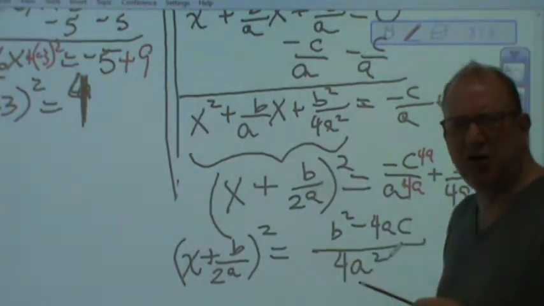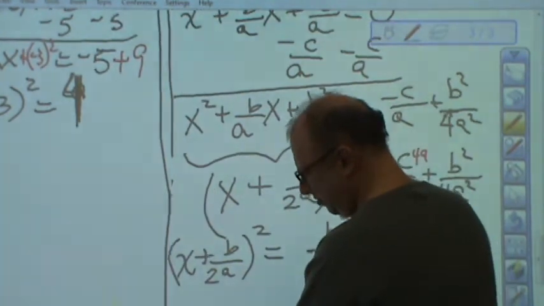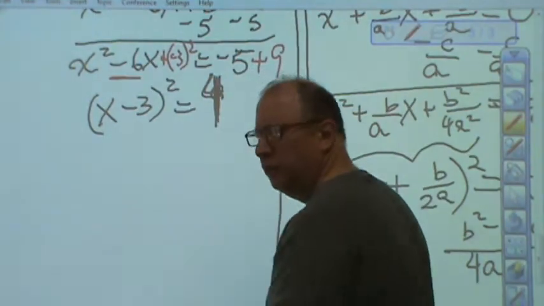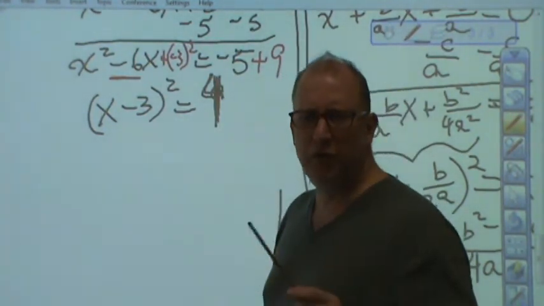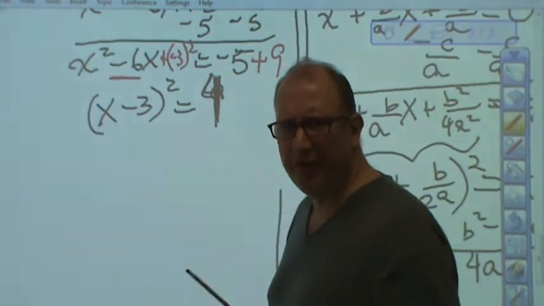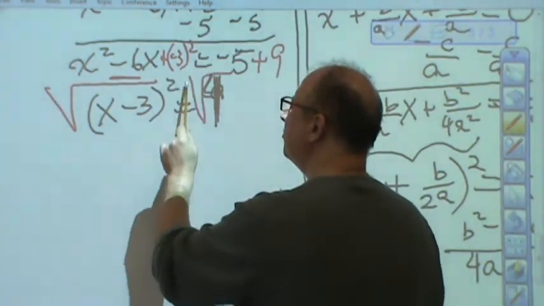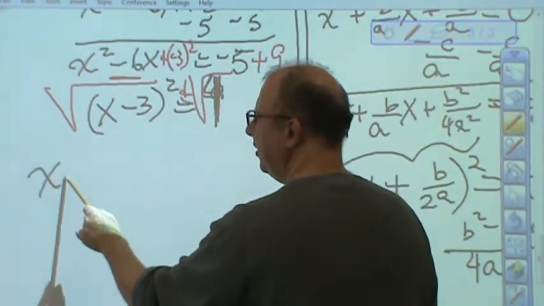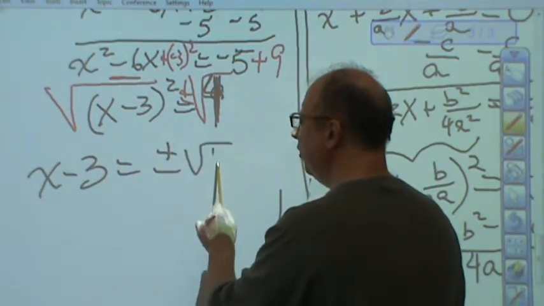This hopefully is starting to look familiar to some of you. Let's go backwards to the other example. Well, what do I have to do to solve for x? Whatever you do on one side of the equation, you have to do to the other. So what I'm going to do is take the square root on both sides of the equation. So I'm left with x minus 3 is equal to plus or minus square root of 4.